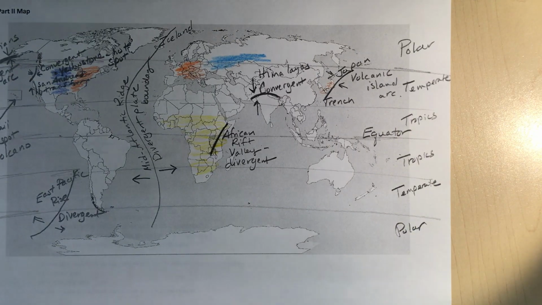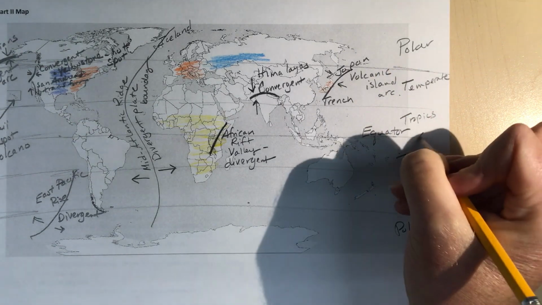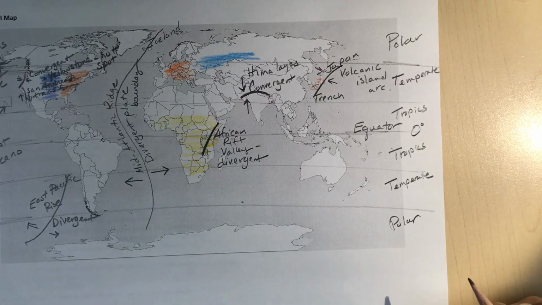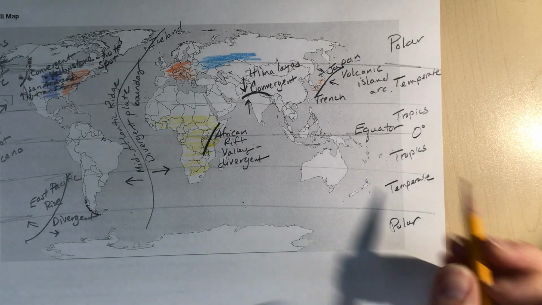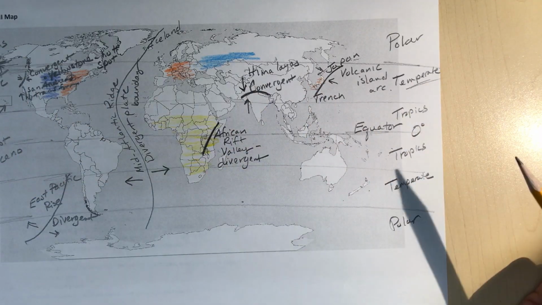Also, if you think about it that way, you can kind of see by latitude. So remember, the equator is 0 latitude, and we're at about 34 degrees north latitude. We are temperate.